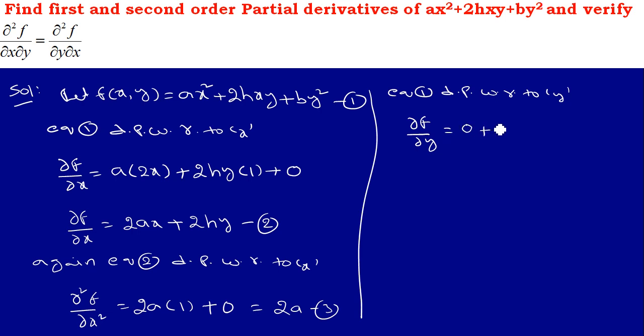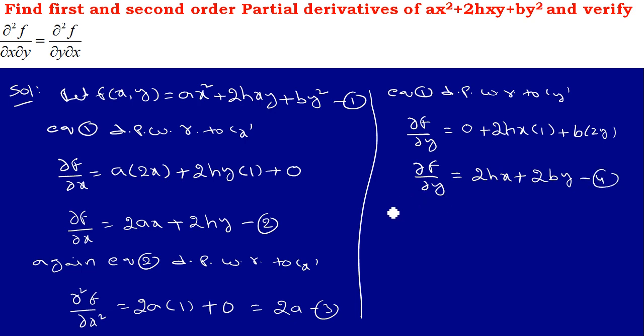Plus 2hx constant in 2hxy, y differentiation is 1, plus by square differentiation 2y. So ∂f/∂y equals 2hx plus 2by. So this is equation 4.